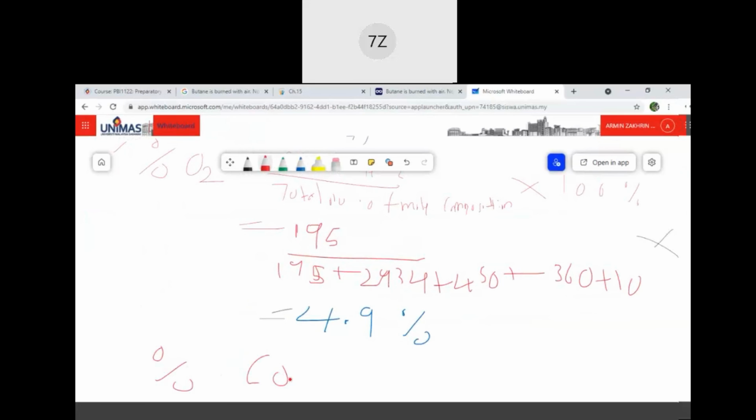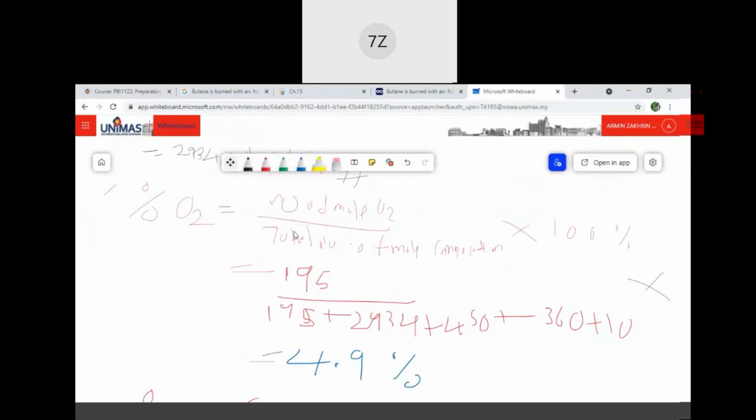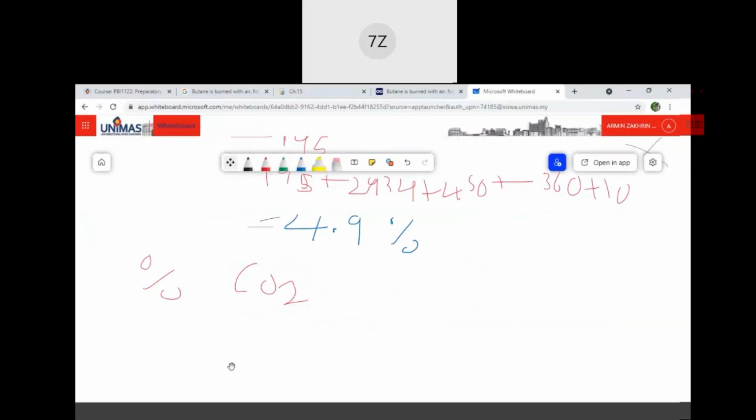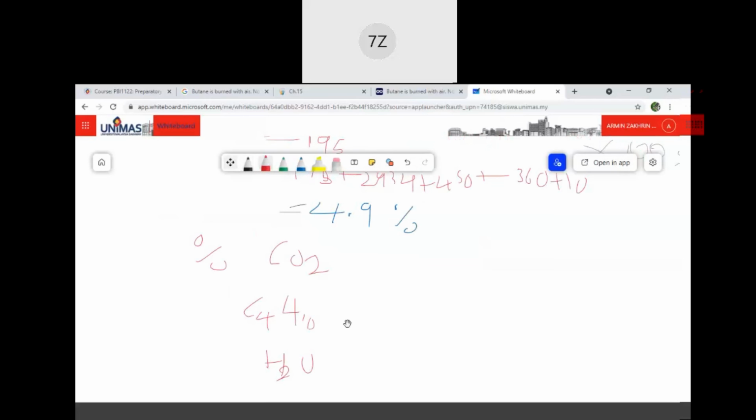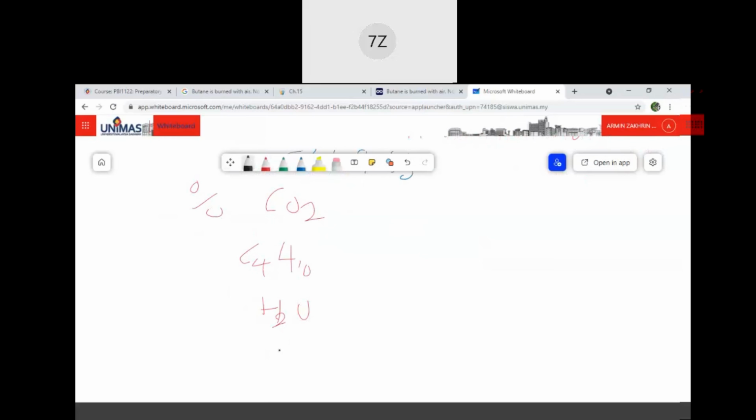For CO2, it is still the same formula: mole of CO2 over the total number of the composition. Still the same. For CO2, you can find for the butane, you can find for the H2O, and lastly for N2, the composition for N2.